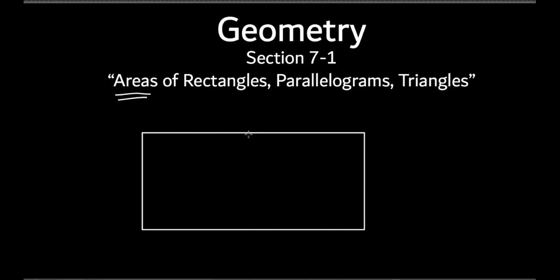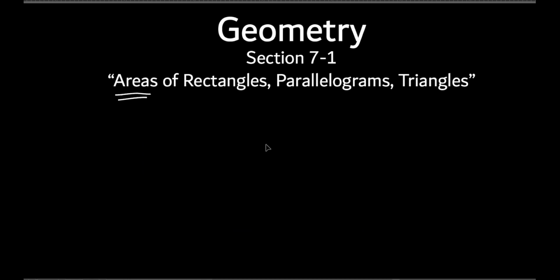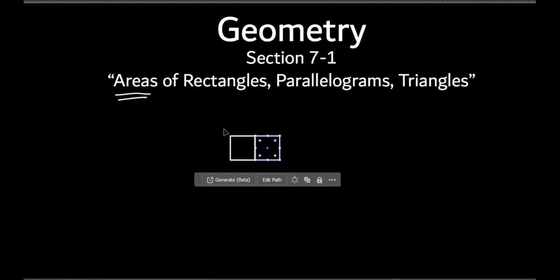I probably should have had something prepared, but let's do this instead. There's a square. I'm going to copy, and then paste in place, and move it right there. Give me a minute to do this. Copy and paste in place.